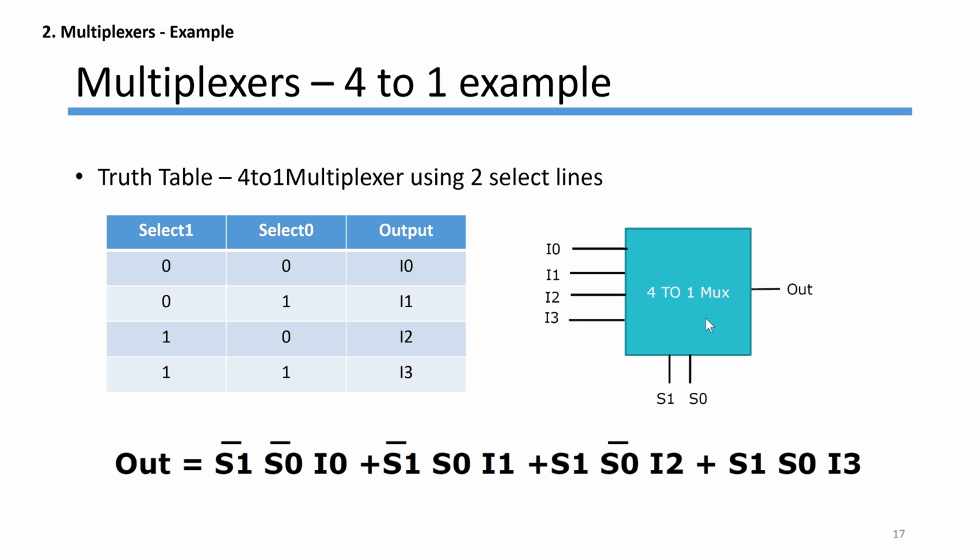So for example, in our example, you have output equals S1 bar, S0 bar, I0, and that would be an AND3 gate with B2, meaning it's an AND3 gate with 2 inverters at the front, and then all 4 of them are linked to an OR4 gate, and your output is then based on that.